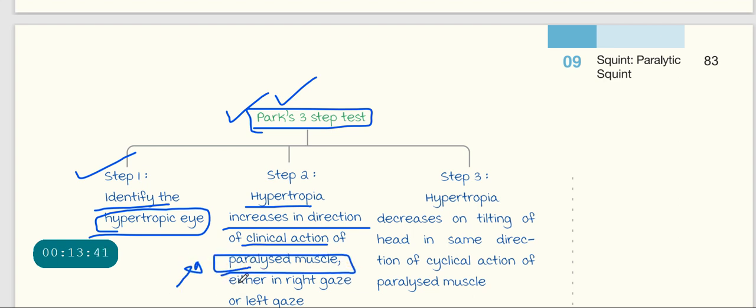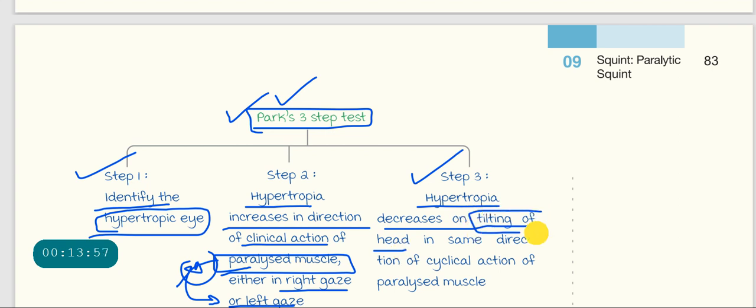Now the third step, in which hypertropia decreases on tilting of the head in the same direction of the action of the paralytic muscle. So these were the 3 steps of the Parks test.